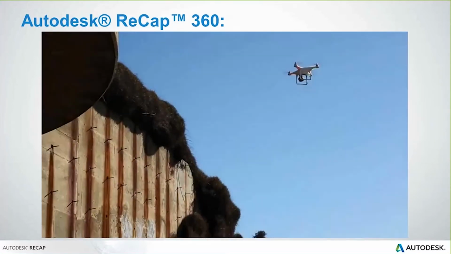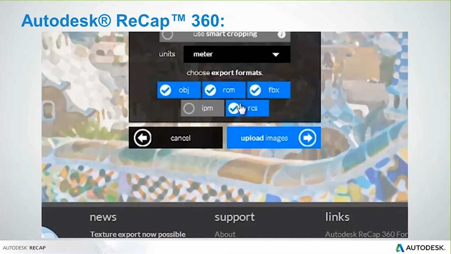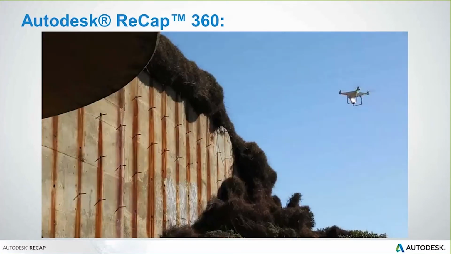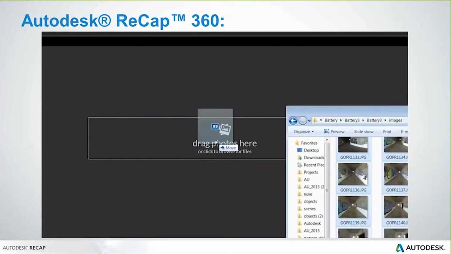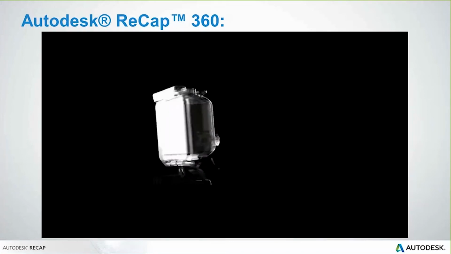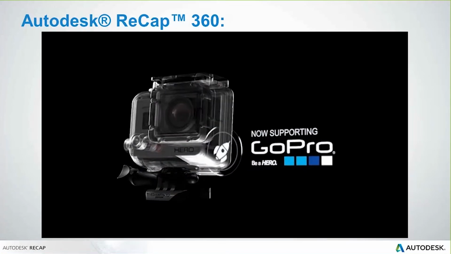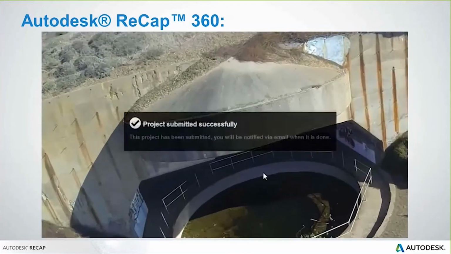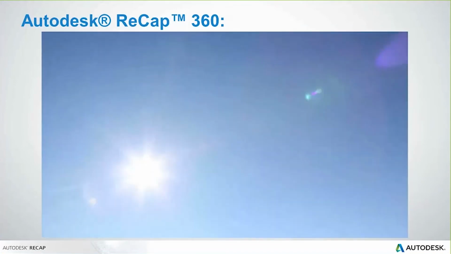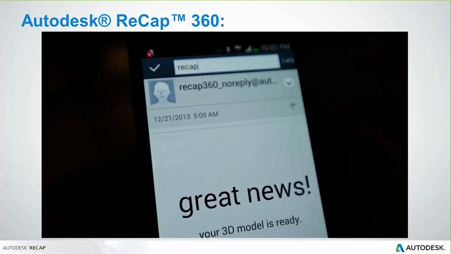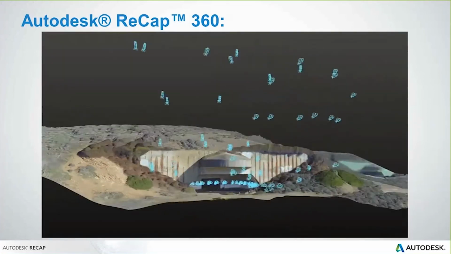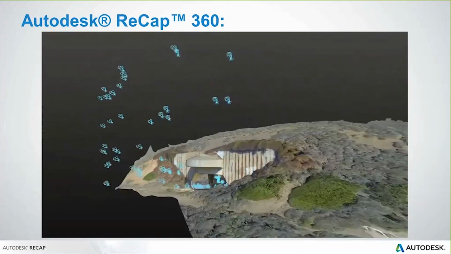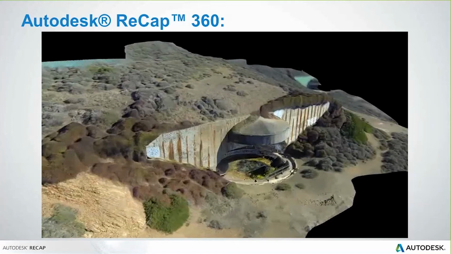And by flying this drone around this specific battery and taking a bunch of photos, he was able to then drag those photos into ReCap 360. Once the project had all been submitted, he was then able to go into the ReCap model. This is what came out of photos.